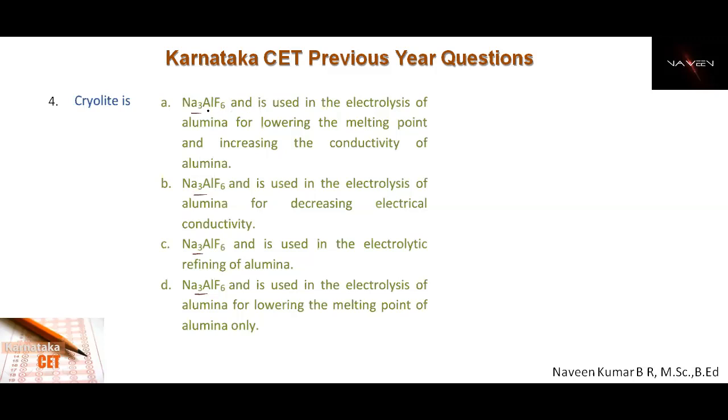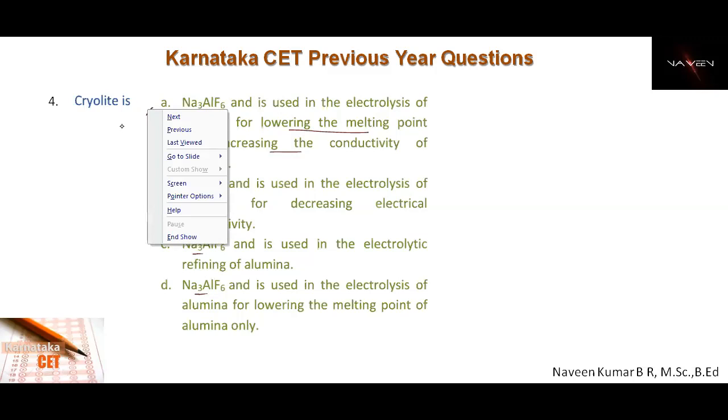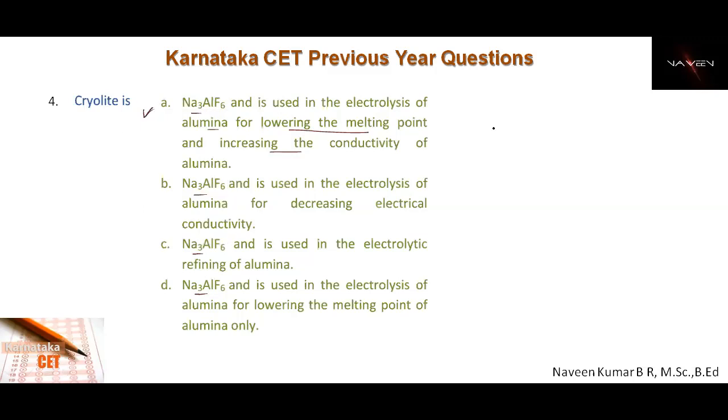Now if we observe option E, cryolite is used in the electrolysis of alumina, which is correct, for lowering the melting point of the melt and increasing the conductivity of alumina. So that is correct information. We know the role of cryolite is that it lowers the melting point of the melt. By lowering the melting point, it increases the conductivity of the respective molten mass. So the use explained along with the formula is correct. So option E is correct.